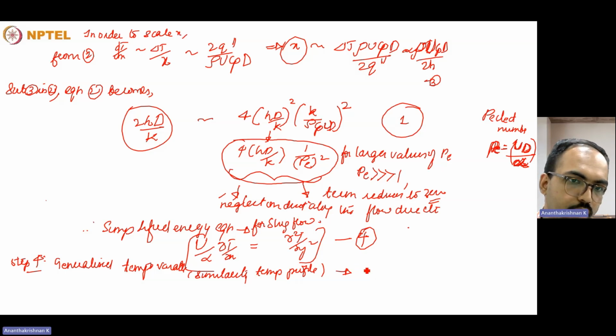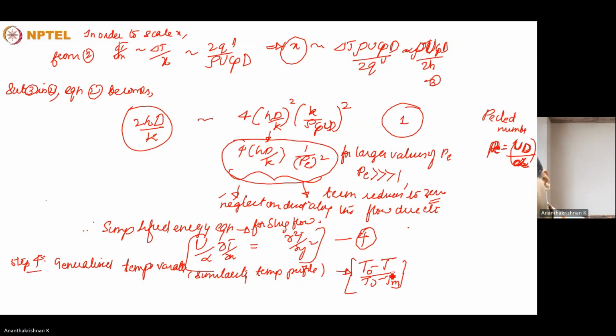So that theta can be written as T minus T0, the wall temperature if it is assumed to be higher, divided by T0 minus the mean temperature. So that can be the generalized temperature.